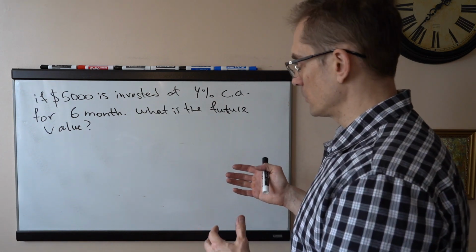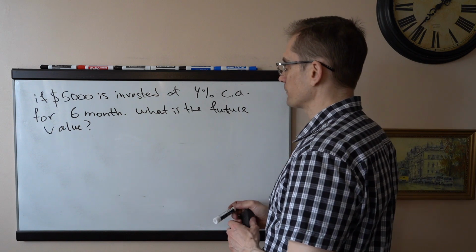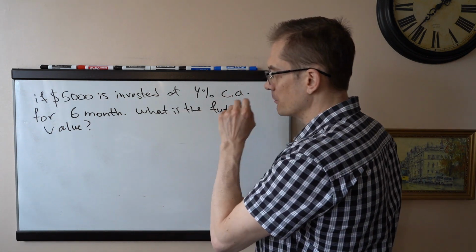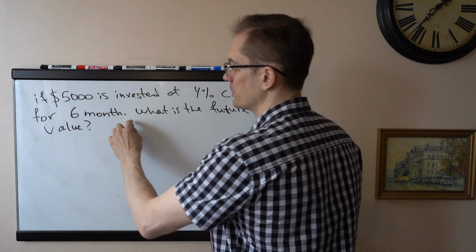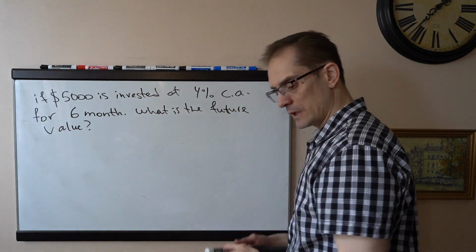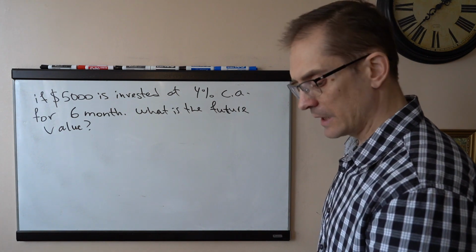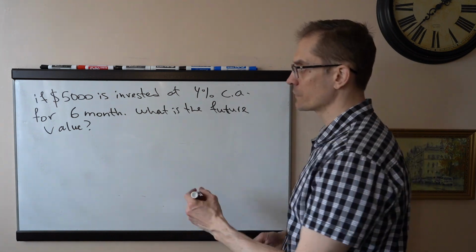Now, an interesting observation is that some people say, okay, maybe it should be simple interest that I should use if the period of my investment is less than the compounding period. But the truth of the matter is that the banks will use a compound rate formula to calculate future value in this case.